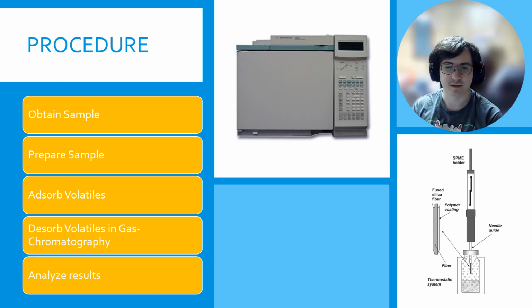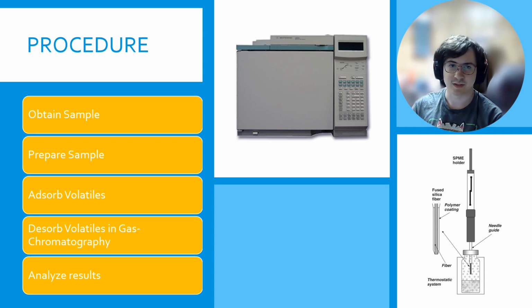It all has to be done consistently. You have to keep the same amount of time, temperature, and fiber depth during this step, because small variations can result in great variations in the final peak areas, which means your calculated concentrations will be very different from what you expect.